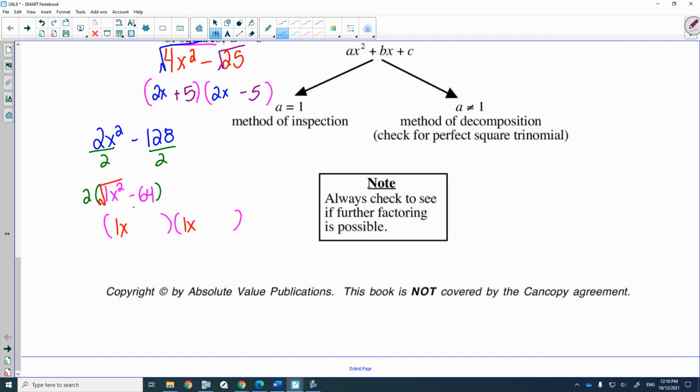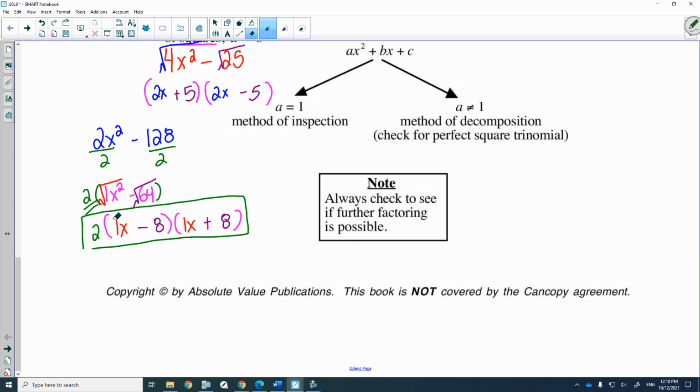You said the square root of 64 is 8. You did your plus and your minus. And what did you forget? Yes, the factor in front, which was the 2. That's why this question would be worth 3 marks, because there's 3 different factors. 2 is a factor, x minus 8 is a factor, and x plus 8 is a factor.